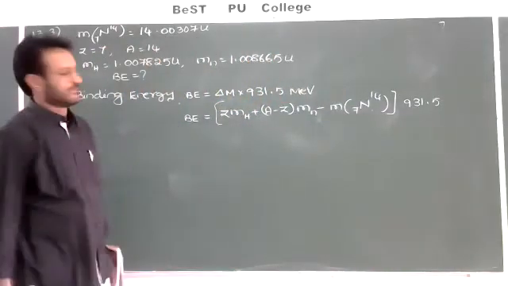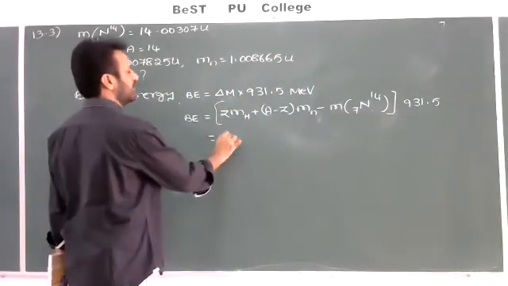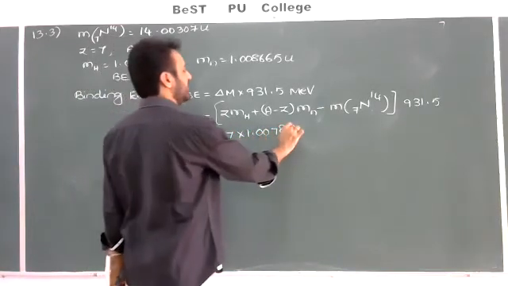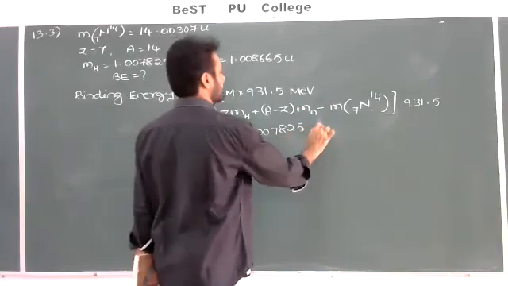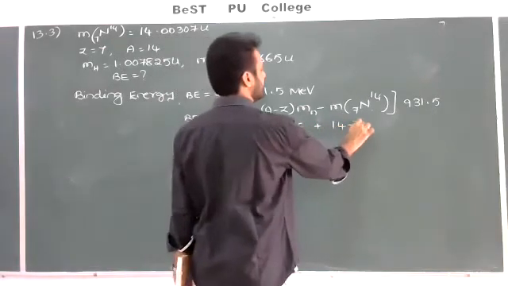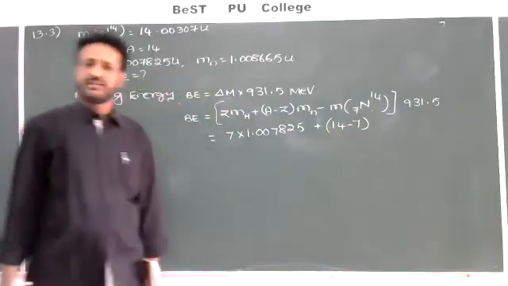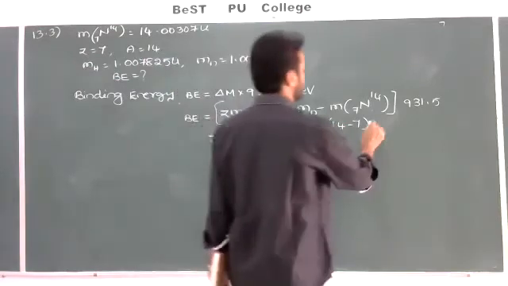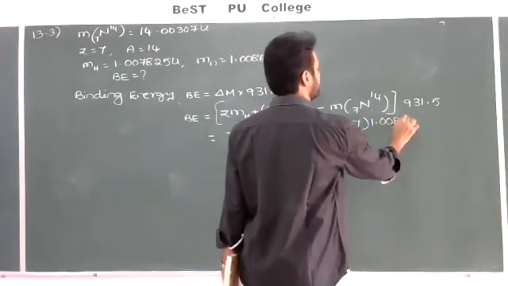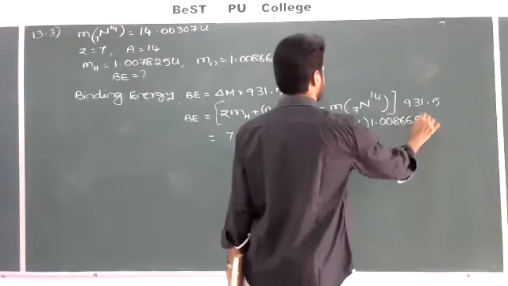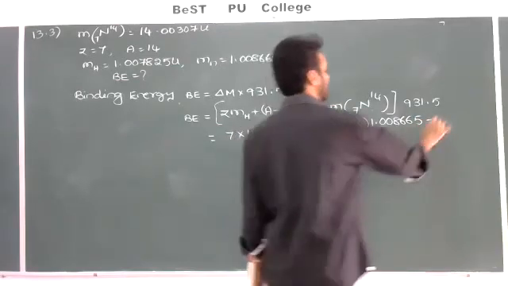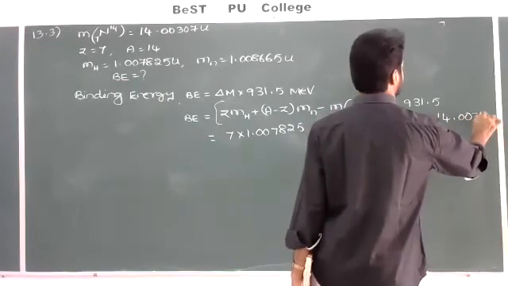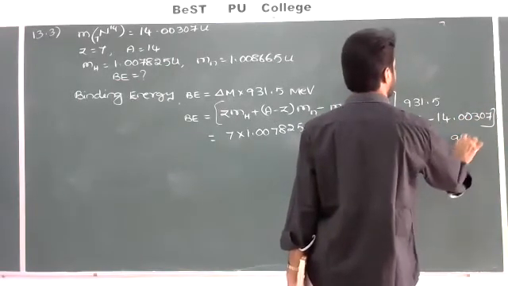Now substitute the data here. Z means atomic number of nitrogen, 7, into 1.007825, plus A minus Z, that is 14 minus 7. Mass number of nitrogen is 14 and atomic number is 7. So 14 minus 7 into 1.008665, minus the mass of nitrogen, which they have given, 14.00307, into 931.5.